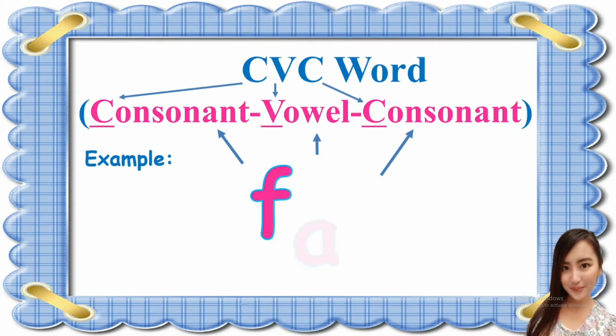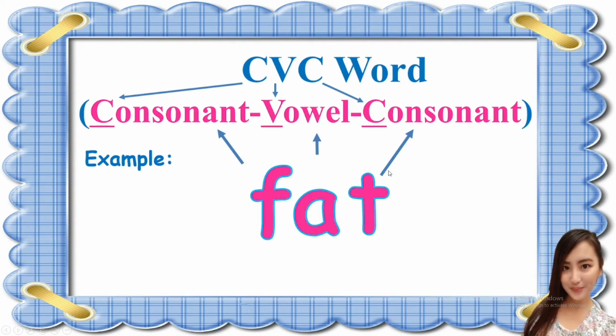Another example, F-A-T, fat. Fat is a CVC word because F is a consonant, A is a vowel, and T is a consonant. Fat is a CVC word.